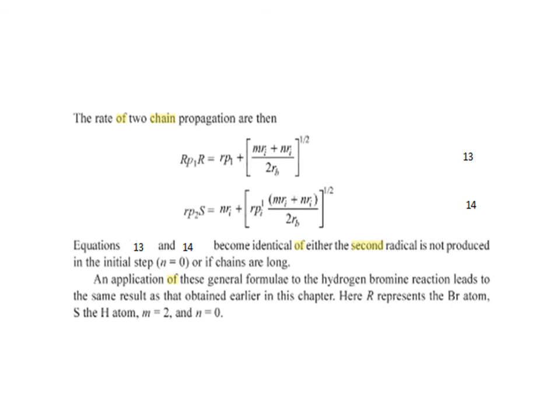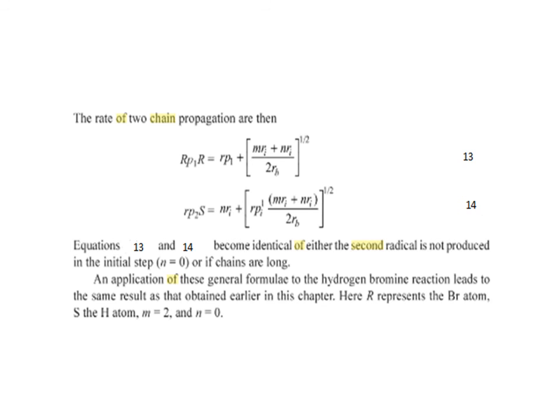And RP2S will be equal to NRI plus RP1 into the square root of (MRI plus NRI over 2RB). This is equation number 14. Equations 13 and 14 become identical if the second radical is not produced in the initiation step, that is n is equal to 0, or if chains are long.